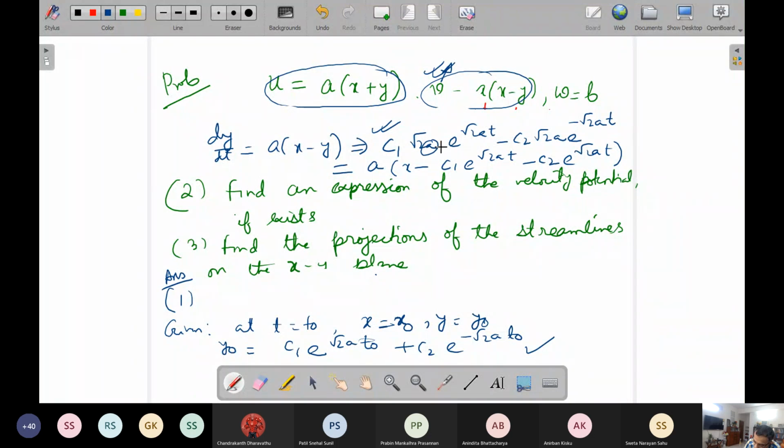First of all, you can cancel a from both sides.